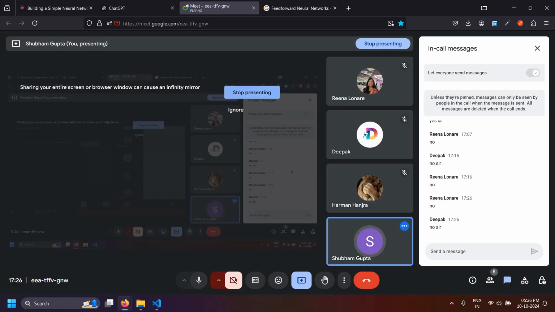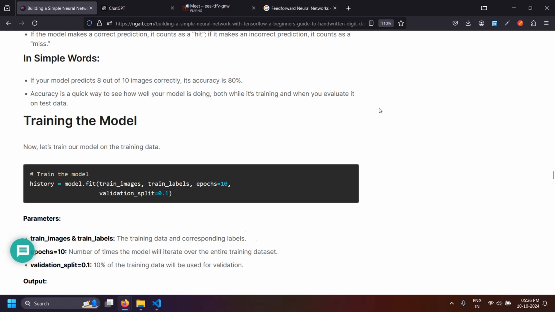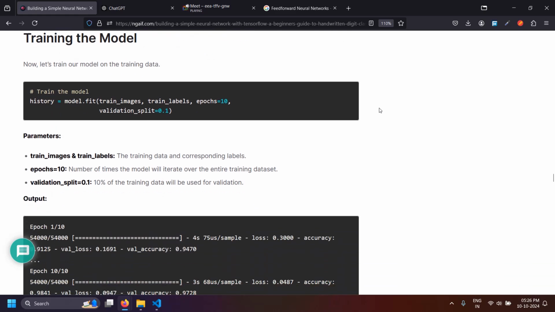Just remember, the code is small, but you have to remember the concepts when you find some problem in the real world. Just remember the concepts and you will be able to write the code easily. Okay, if you don't have any doubt, I will tell you how to train the model.